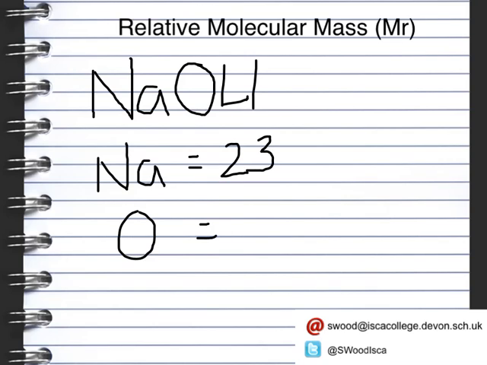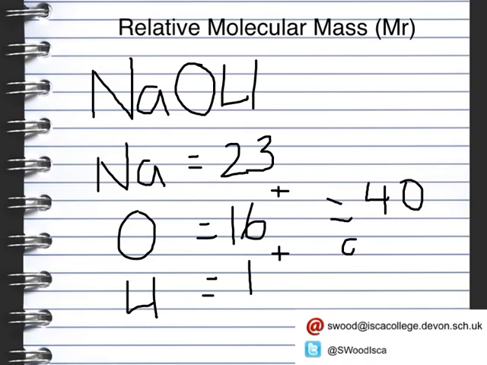Oxygen, as we've just seen, is 16, and hydrogen is 1. Now if we add those all together, okay, so we've got 23 plus 16 is 39, 39 plus 1 is 40 grams per mole.